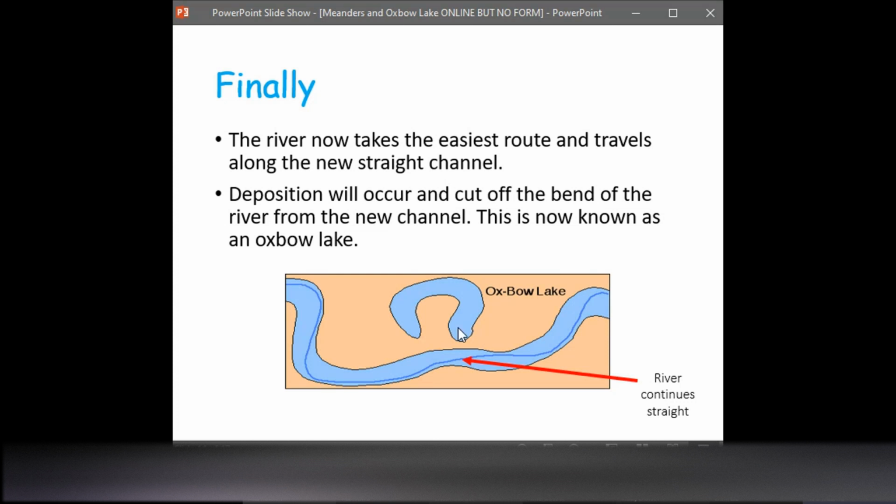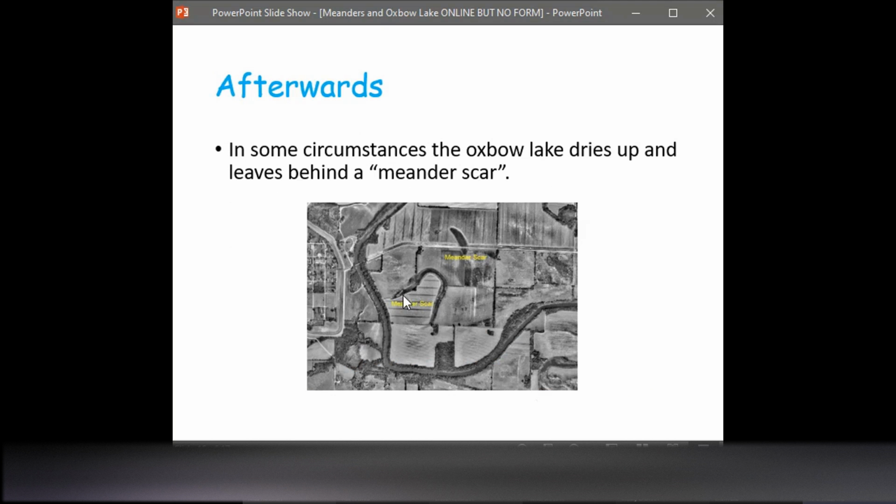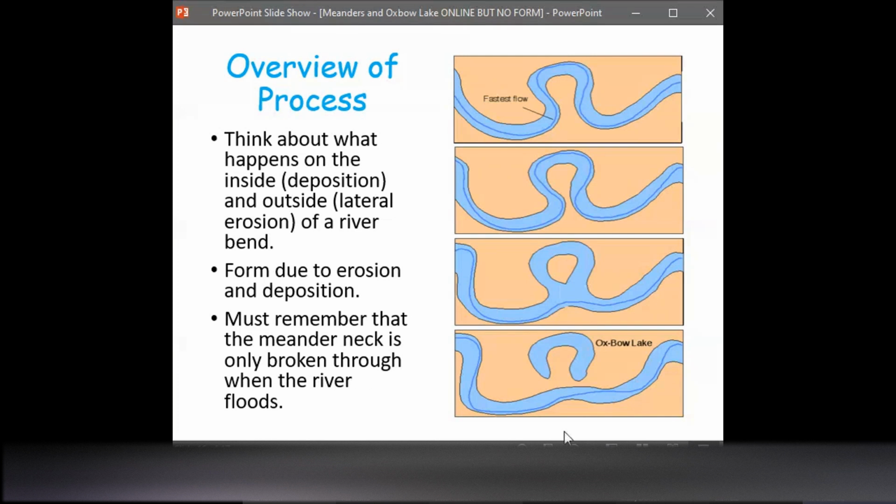An Oxbow lake gets left behind after stuff has been deposited, blocking it off. And then it can dry up and leave behind a scar. So this is all to do with deposition happening on the inside of the meander and erosion happening on the outside, moving those loops a little over time.